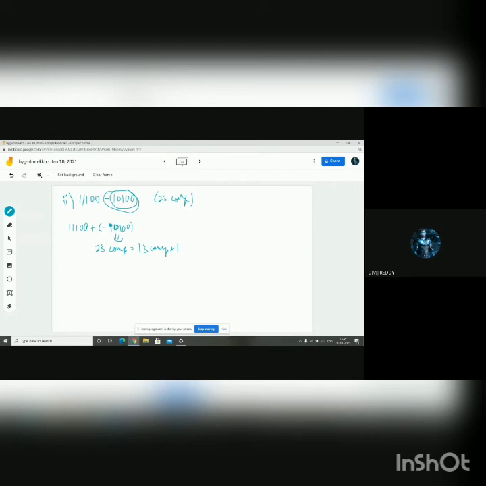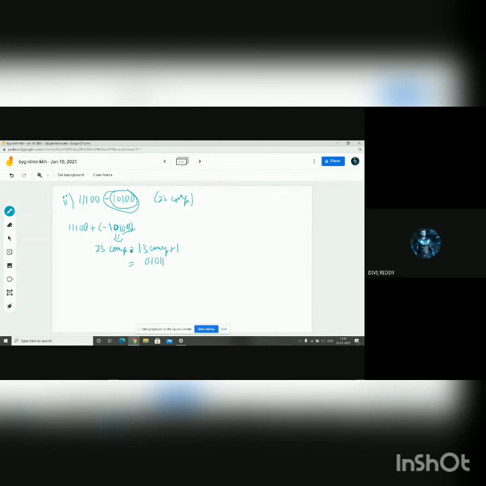So the ones complement of this number will be nothing but we have to take zeros in the place of ones and ones in the place of zeros. So the ones complement of the following number will be nothing but 0, 1, 0, 1, 1.